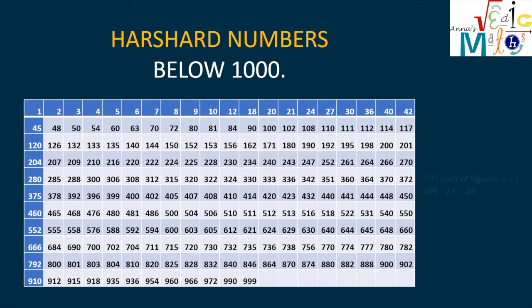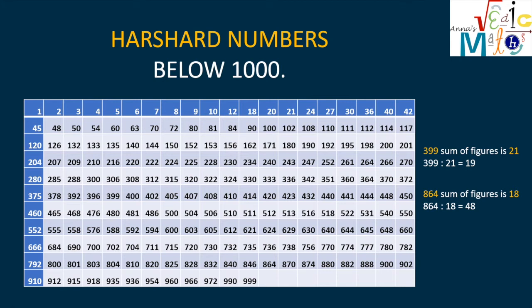We can do some more examples. 399, the sum of figures is 21, and 21 is a divisor of 399. And we obtain 19. One more is 864.